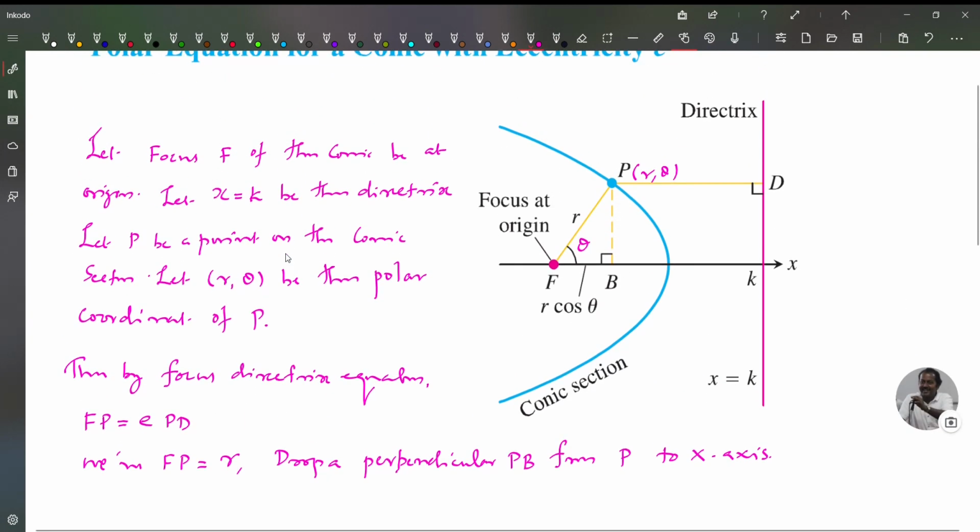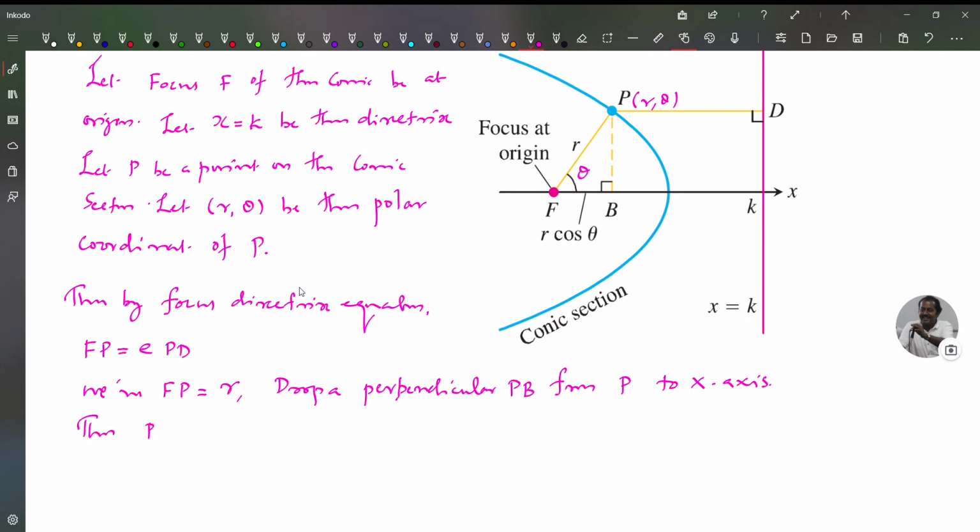Then PD is equal to BM, where M is the point at which the directrix meets the x-axis.